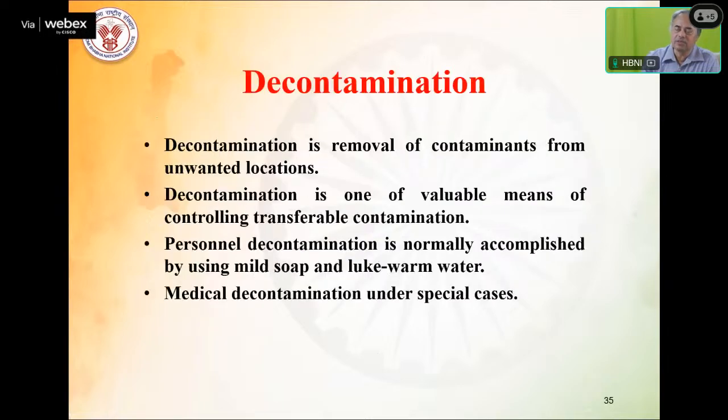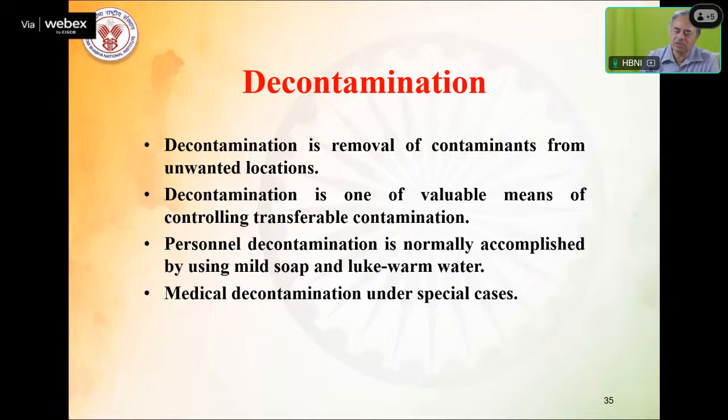Now decontamination, just another 5 minutes. Decontamination is the removal of contaminants from unwanted locations. As I said, supposing that drum gets contaminated, you have to decontaminate it. Decontamination is one of the valuable means of controlling transferable contamination.